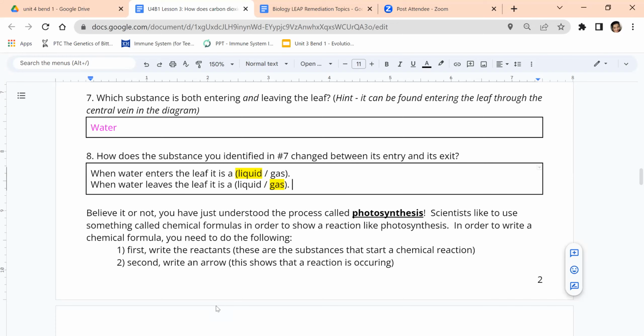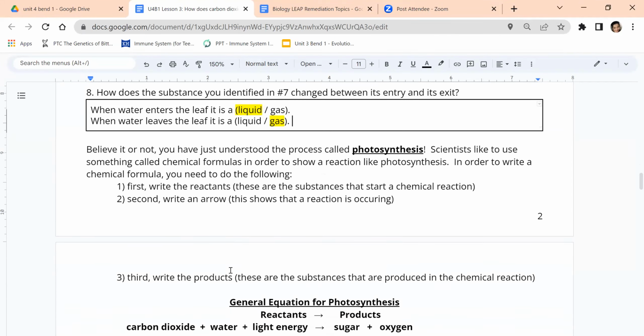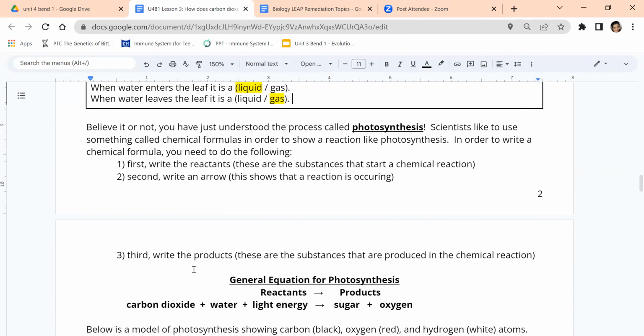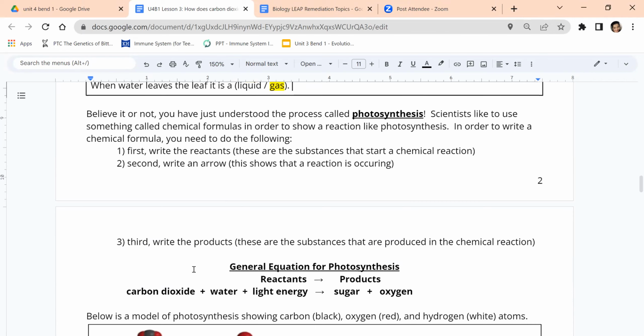And so in order to write a chemical formula, we need to first write the reactants. And so these are the substances that start the chemical reaction. And then we write an arrow, and this indicates that a reaction is taking place. And then third, we write the products, and these are the substances that are produced in the chemical reaction.